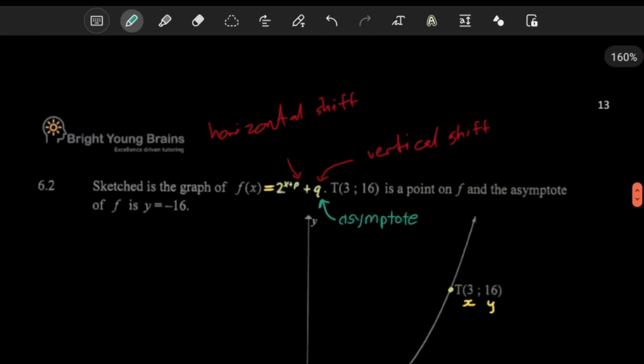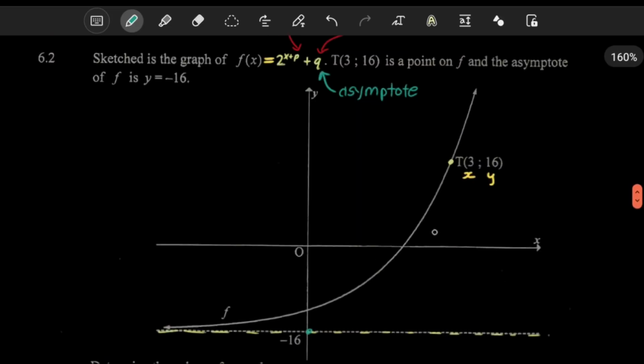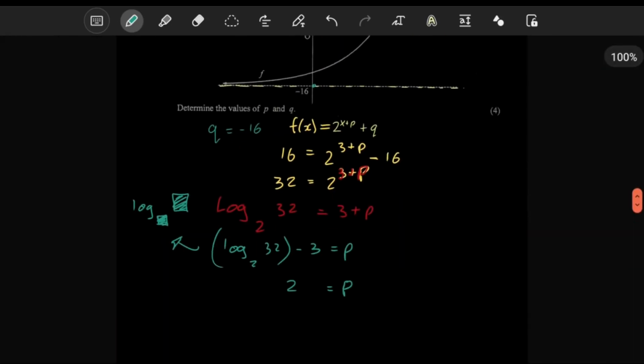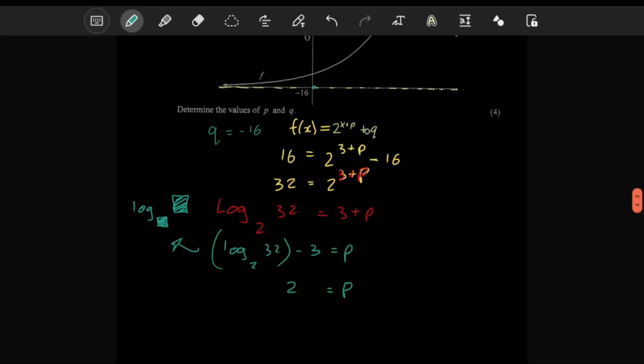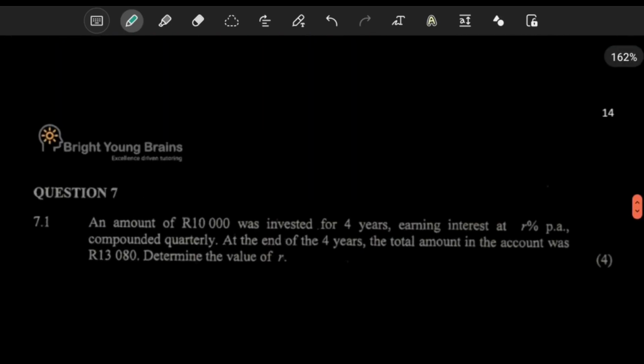Don't worry about how this is a 2 and in your image you actually move it to the left instead, all that stuff. Just know that here you would have worked out a value for p by throwing in one coordinate. So whatever p comes out as, that's your value for p. And then you keep moving forward to question number 7, which is what?